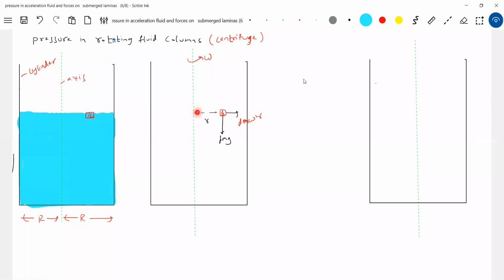So for the different particles here, the net force acting on them is different, and also the direction. And what is the one property of the free surface? It will always align itself such that the tangential force must be zero, or the net force should be perpendicular to the free surface. So the free surface now will take a shape.